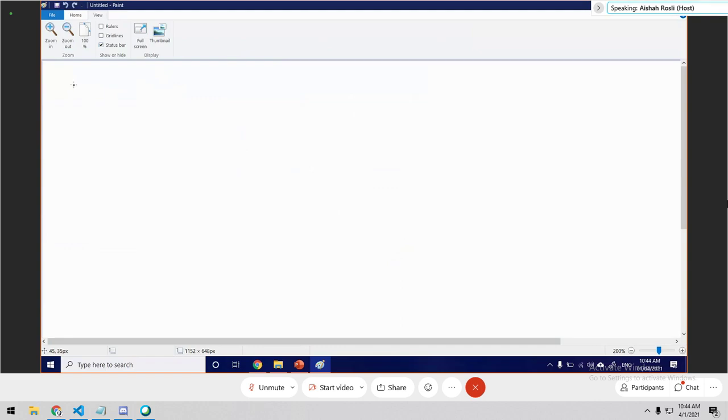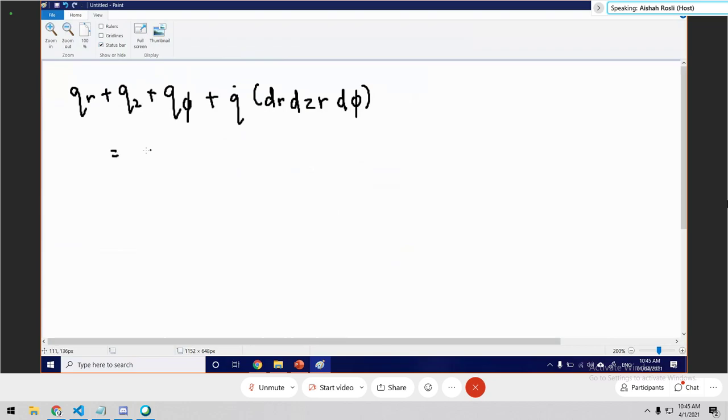The energy balance will be the rate of heat in all directions, so Qr plus Qz plus Q phi, plus the rate of heat generation, which is the volumetric heat rate Q times the volume, dr dz r d phi, equals Qr plus dr plus Qz plus dz plus Q phi plus d phi, plus the rate of heat accumulation, which is the volume times rho Cp dT over dt.